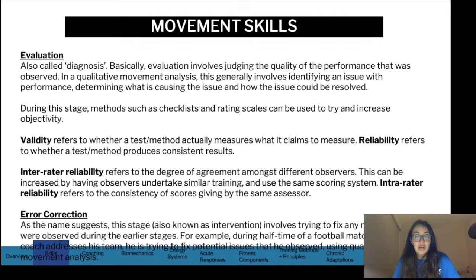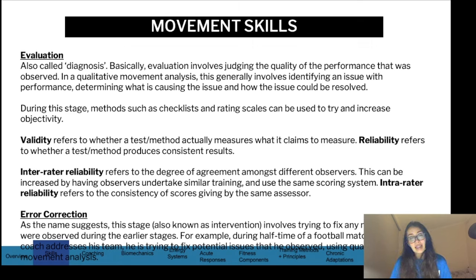Intra-rater reliability is about taking out this subjectivity and ensuring the scores given by the same assessor are consistent, right? They don't change depending on mood. If they watch the same performance, they give the same score each time. Once again, using checklists or rating scales can help to improve objectivity by reducing subjectivity.